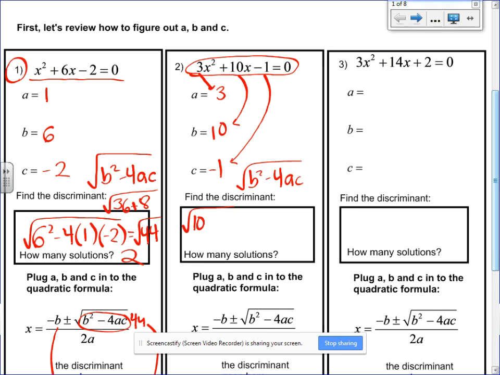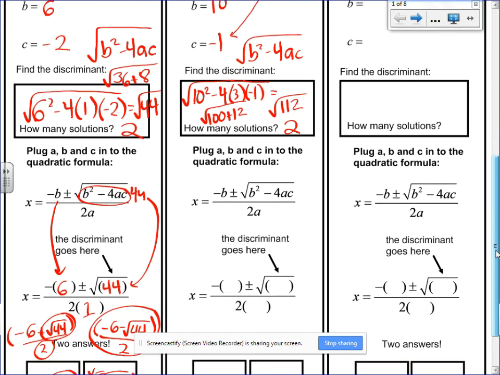So 10 squared minus 4 times 3 times negative 1. So I have the square root of 100 plus 12, which is the square root of 112. That means, since this is a positive number, remember that means I have two solutions. So I'm going to be looking for both.